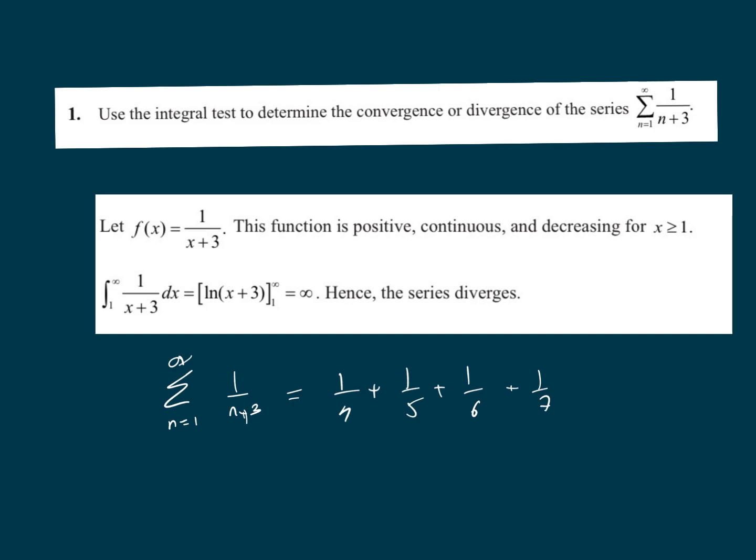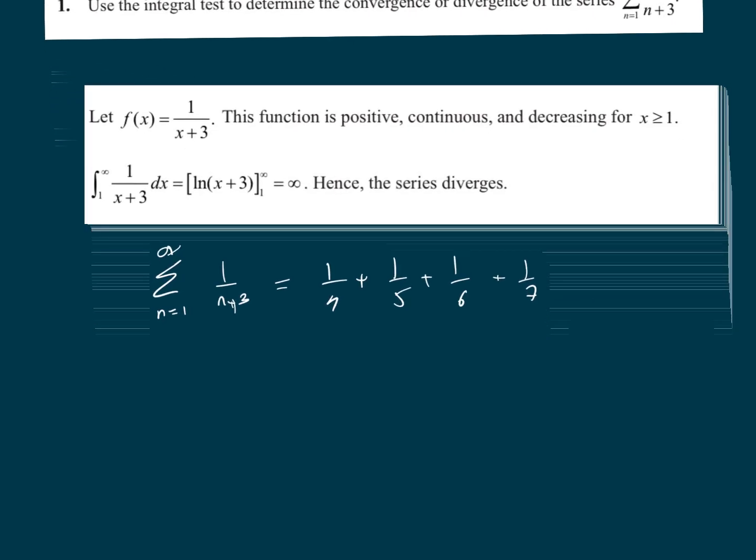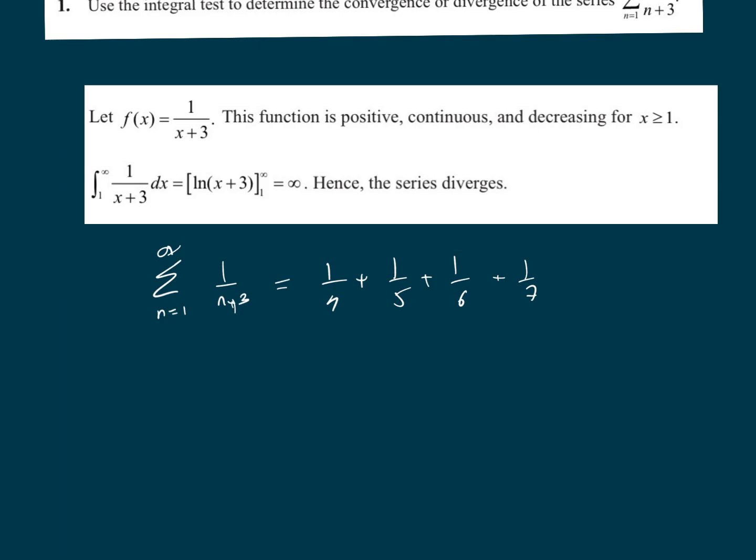But the question here is to find that this series diverges because we use the integral test. What does the integral test say? The integral test says that if the integral from 1 to infinity of the function 1 divided by x plus 3 dx converges, the series converges.